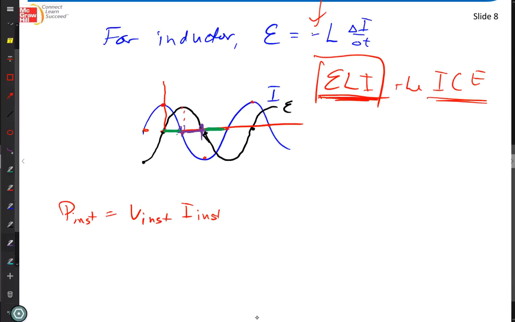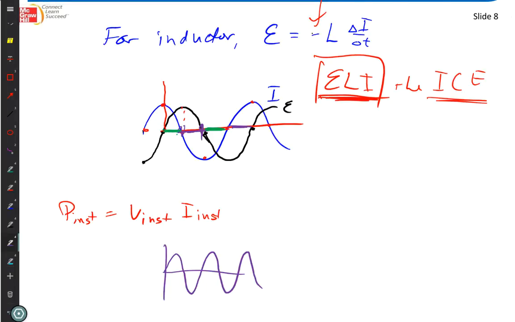Going back to purple, one's positive and one's negative. If you plot the product of these two together, you'll find that the power is going to go like that, a sinusoid centered on 0.